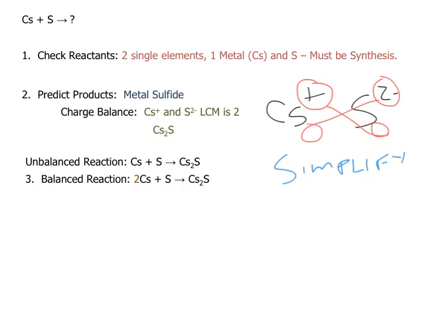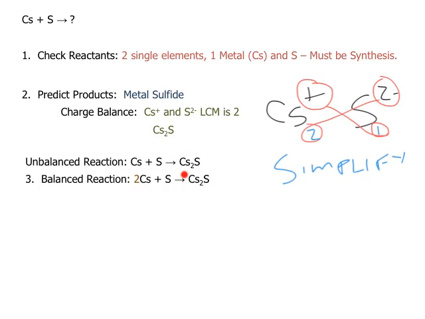So you swap those out, you get a 2 here, you get a 1 there. That's already a simple whole number ratio, and so that's our product, Cs2S. I want to stick with this method from here on out because it's really quick, and I don't have to rehash what's the least common multiple of 2 and 1. So this is our product.